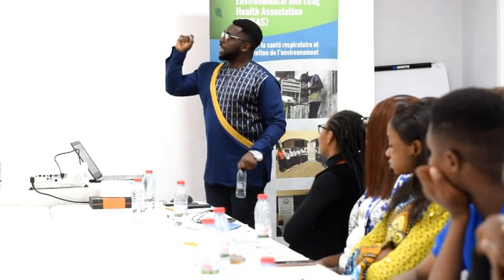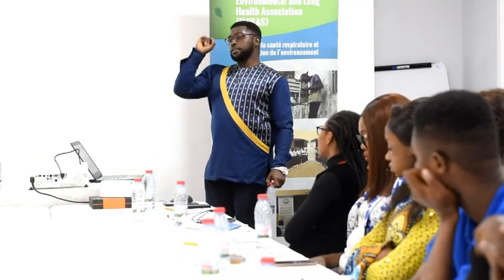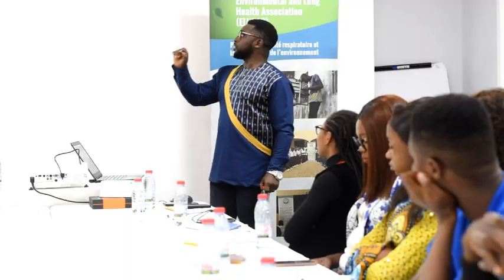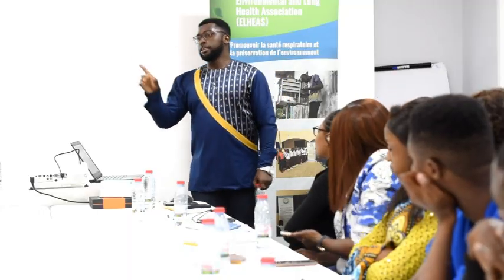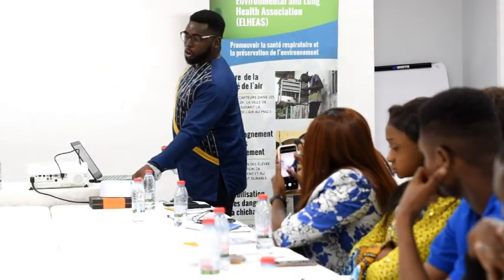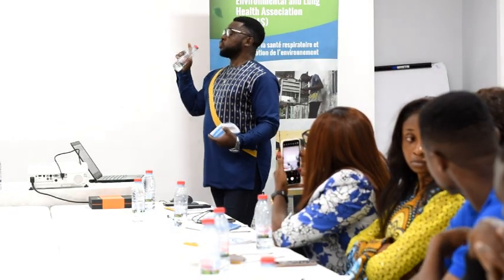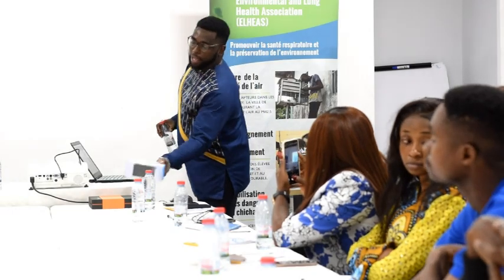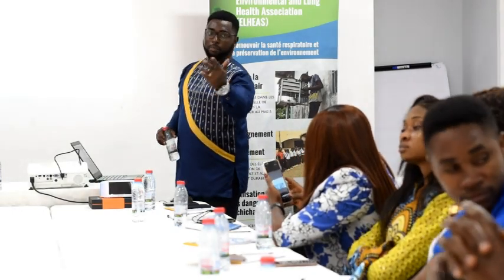So, what is air quality monitoring? It's a process of measuring and assessing pollutants in the air to determine their concentration, their sources, and the impact on human health and the environment. Mr. Rudolph has already said everything else to be said about the impacts.